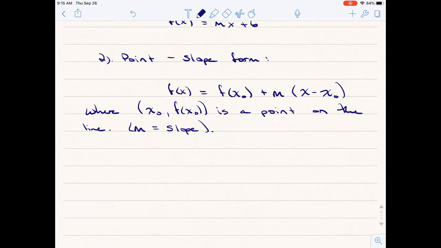So remember, these are ordered pairs, right? So we've got x naught and f of x naught. That's just one point on the graph.